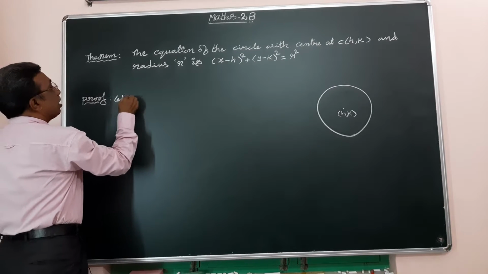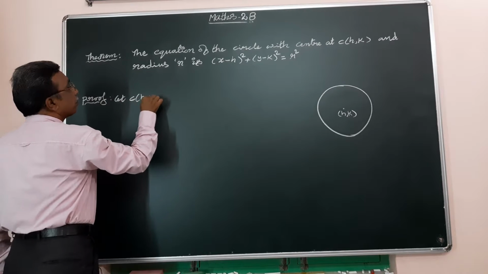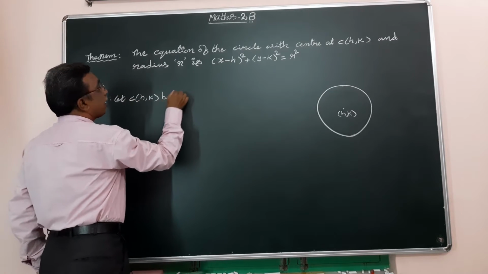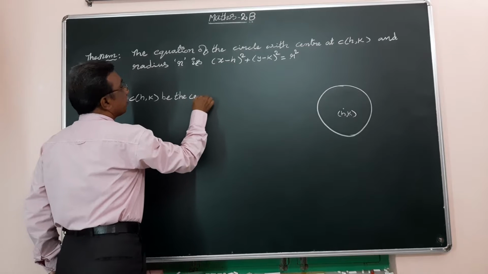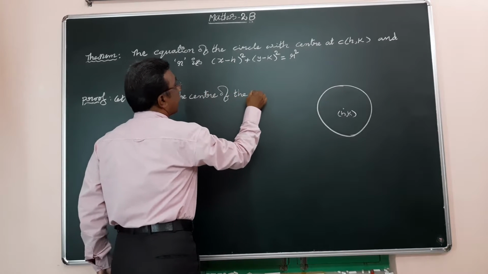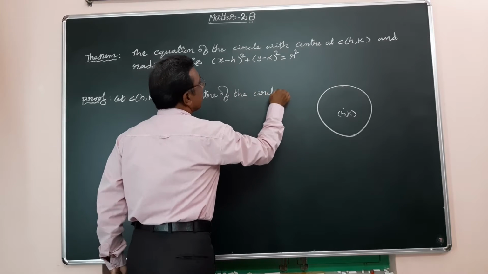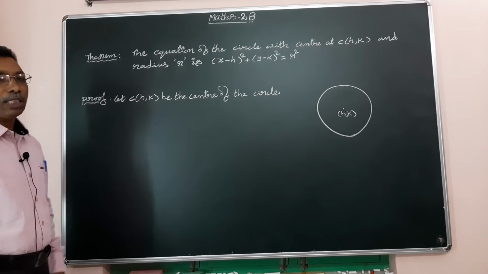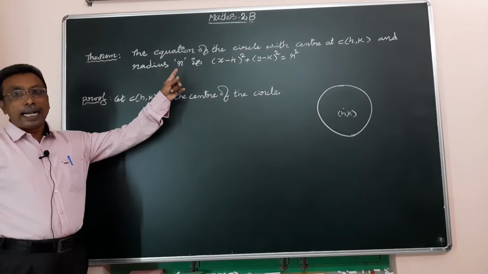Let C of h comma k be the center of the circle. Next, radius.